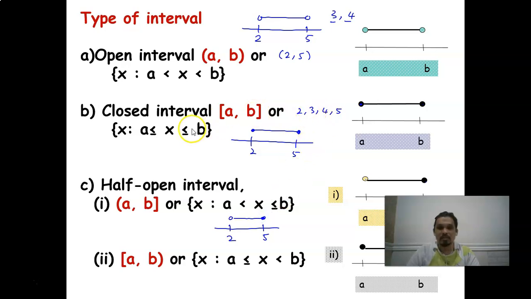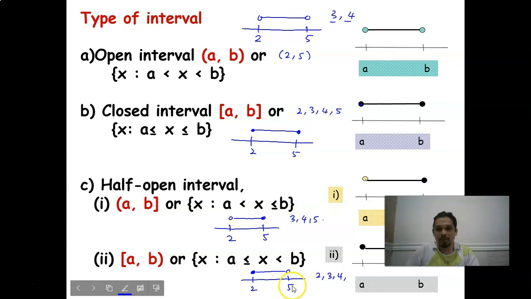The numbers that are represented by this number line are: it's open, so it does not include 2, so it begins with 3, 4, and 5. And then for this one here, which is 2 until 5, closed on the left side and open on the right side, from left to right, it begins with 2, 3, 4, what about 5? No, 5 is not included. It's just 2, 3, and 4.